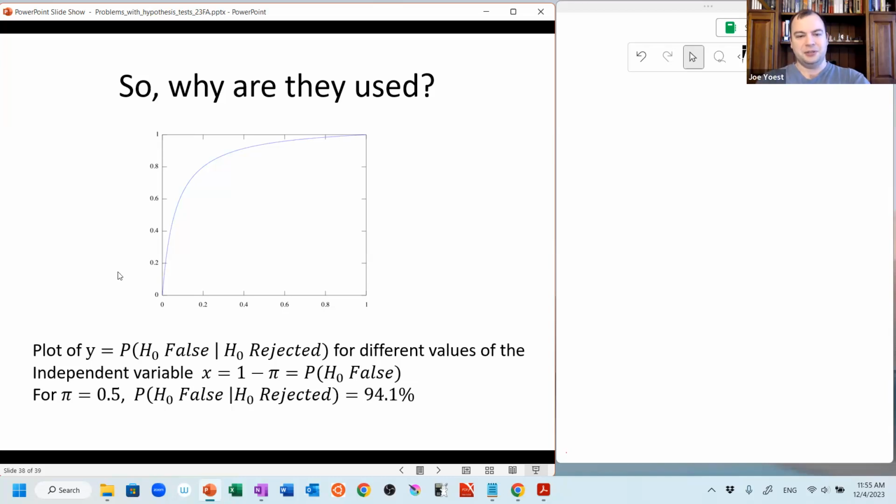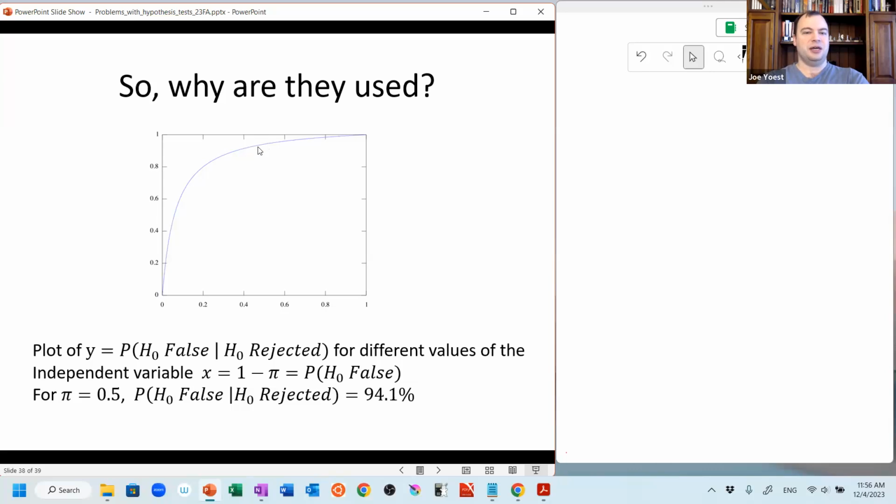But let's say that I'm in the middle here at 50%. In other words, the Bayesian says for the prior distribution, it's as likely that the null is true as it is that the alternative is true. Then you tell the Bayesian that the frequentist did their calculations and generated a rejection. Now, what is the Bayesian's perspective on that new piece of information?